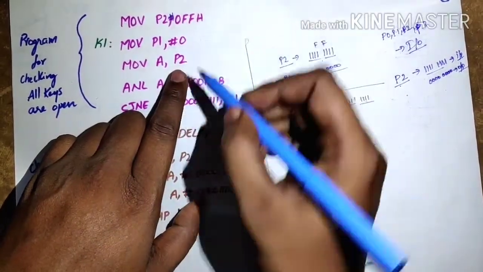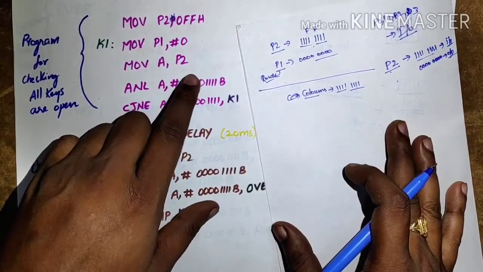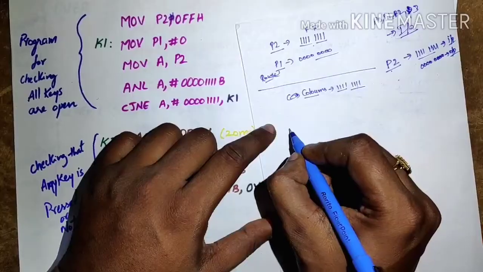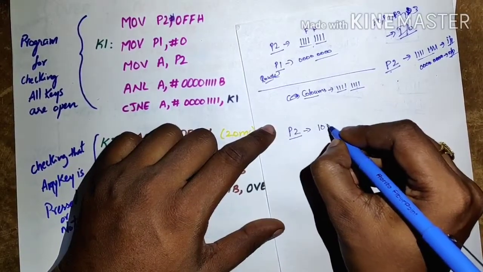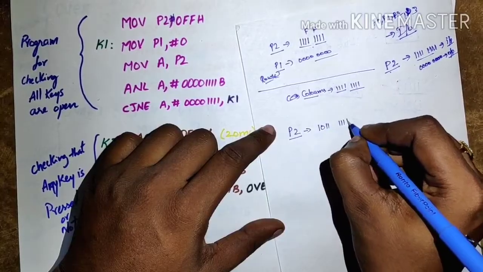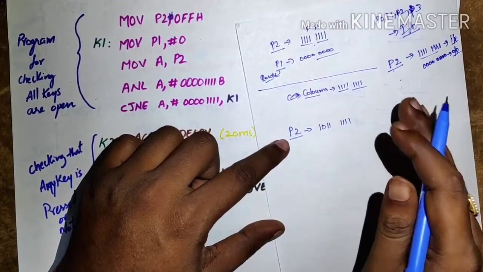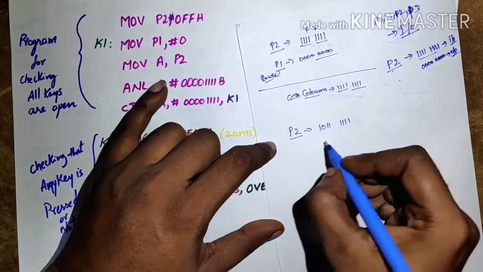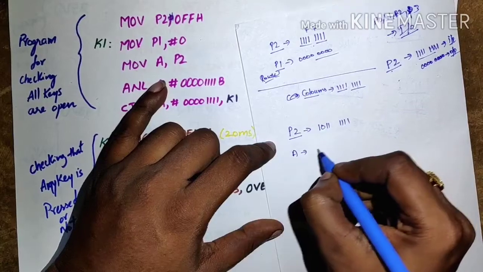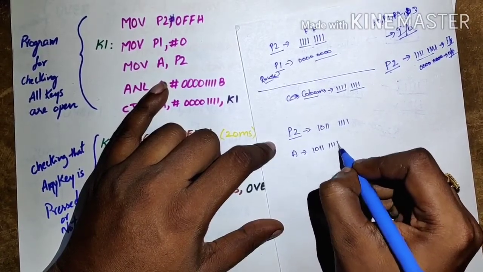For example, say the port 2 value is 10111111. We have read it and moved it to the accumulator, so the accumulator value will be 10111111.